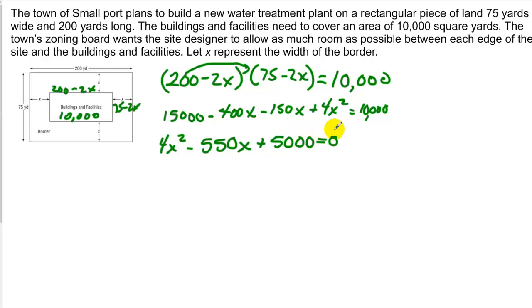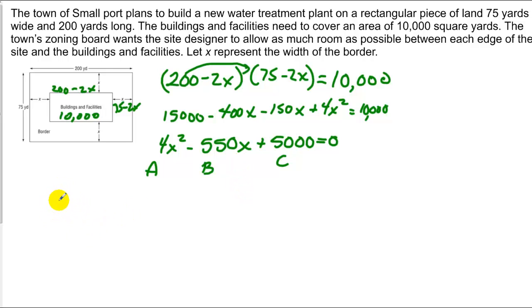is equal to 0. And in order to find x, I would either have to factor this, or I could use the quadratic formula where 4 is my a, b is 550, and c is 5,000. And again, these are pretty big numbers to go ahead and factor. They're also going to be big numbers for the quadratic, but I can plug this into a calculator, which I'll probably do.